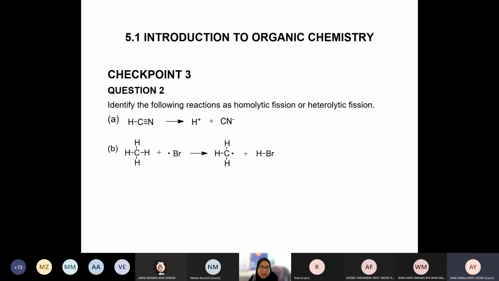Okay, checkpoint 3, question number 2. Identify the following reaction as homolytic fission or heterolytic fission.